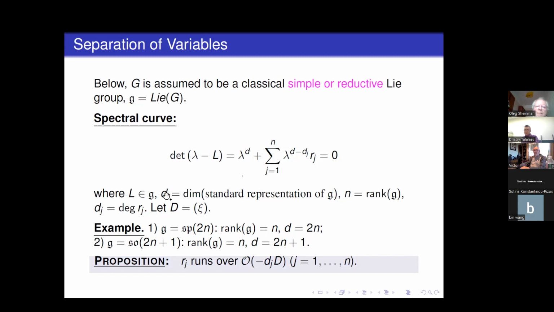D is the dimension of the standard representation of G, and N is the rank of our Lie algebra.